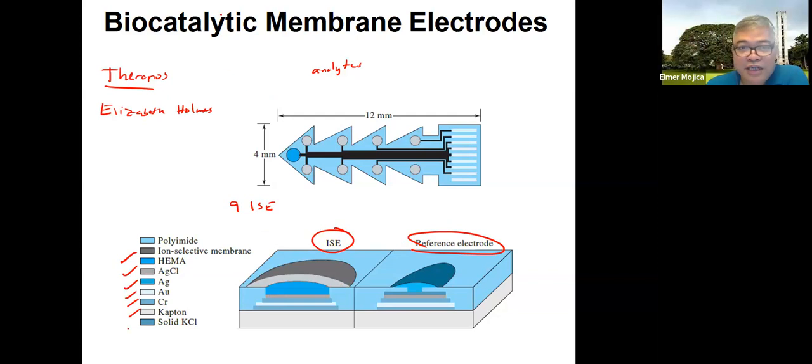So if you heard the story of Theranos, Theranos is short for therapeutic diagnostic. So the idea there is with a drop of blood, they can determine all the ions or other molecules of biological interest. So you don't need to get blood from, what we call, the test tube. You put in the test tube and then analyze them one by one. But unfortunately, the technology is still not possible.